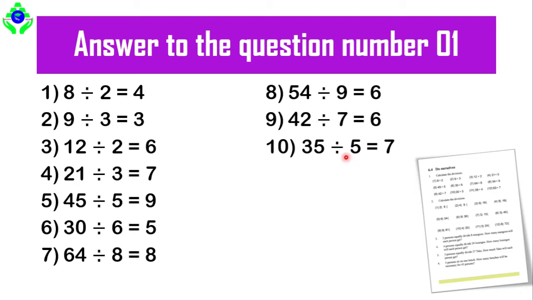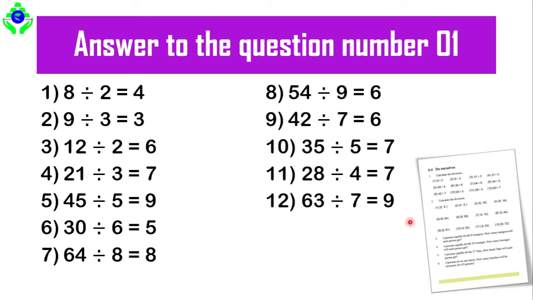If we divide 35 into 5 different parts, the answer will be 7. Question number 11, 28 divided by 4 is equal to what? The answer will be 7. Question number 12, 63 divided by 7 is equal to what? The answer will be 9.